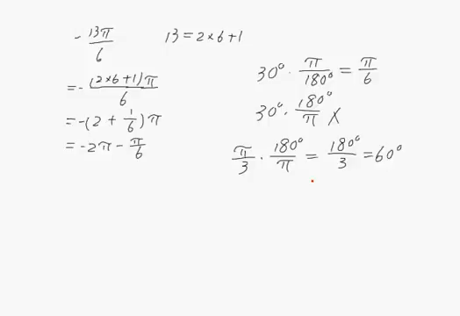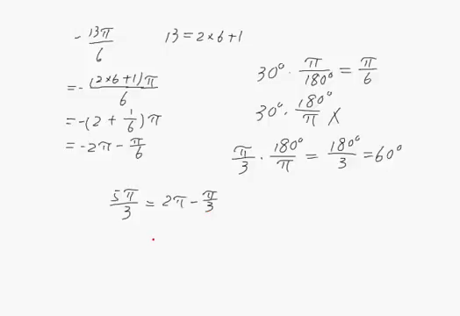And some guys asked me, if I have 5 pi over 3, then how do I get 5 pi over 3 equal to 2 pi minus pi over 3?